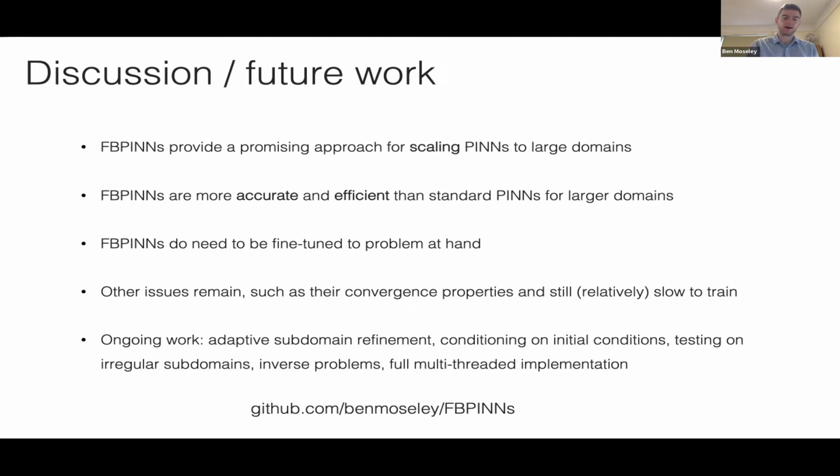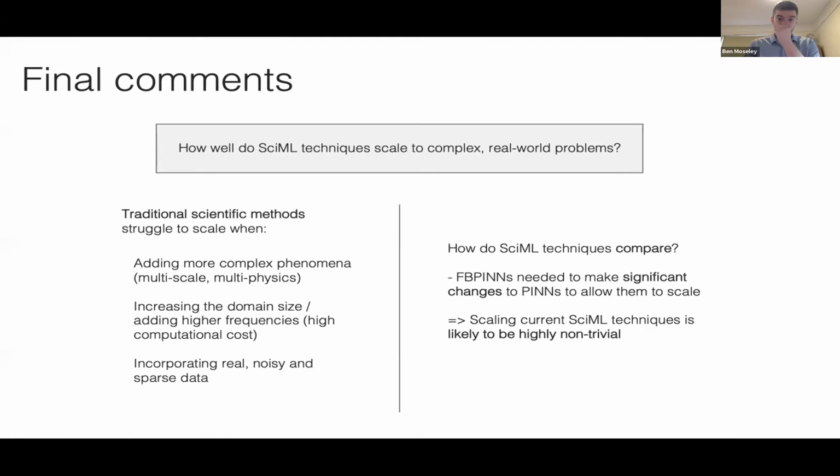And yeah, I haven't tested FBPINNs on a lot of things. For example, irregular subdomains, I haven't tried it with inverse problems yet, or multi-threaded implementations. So there's a lot more work to do in this space. And then I just had one other slide to circle back to the high-level question that I posed: how well do these SciML techniques scale to more complex real-world problems?